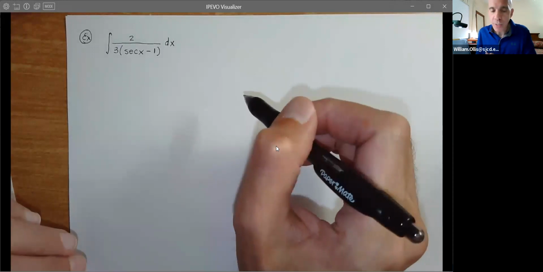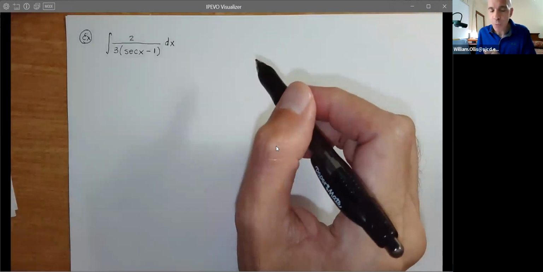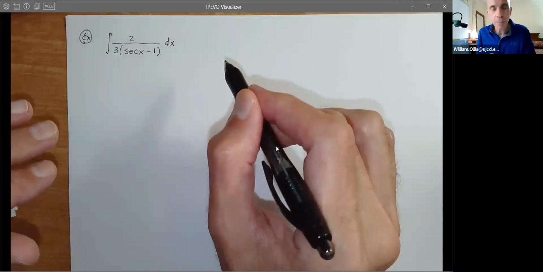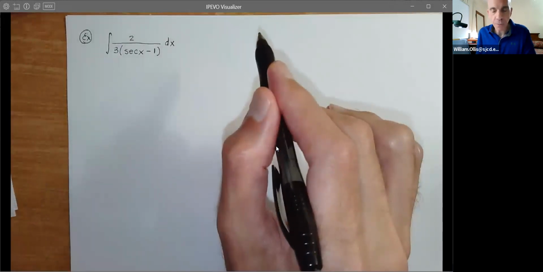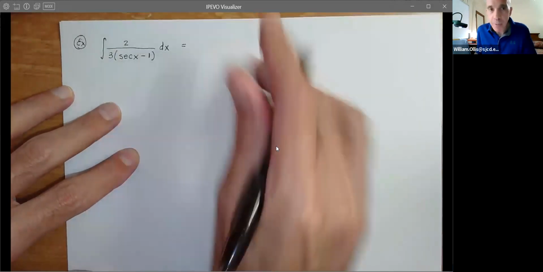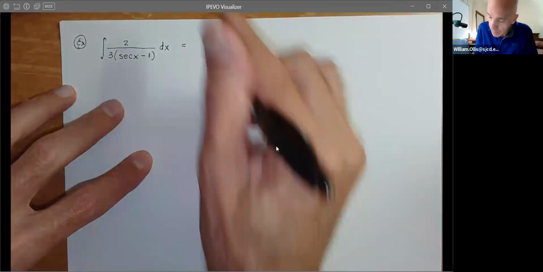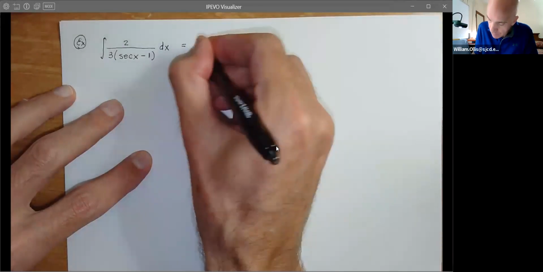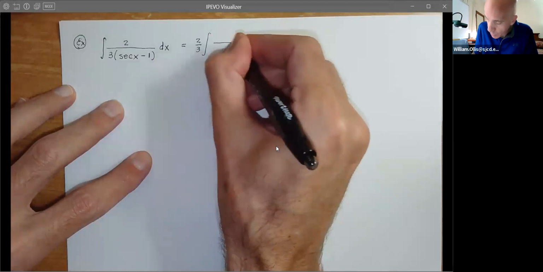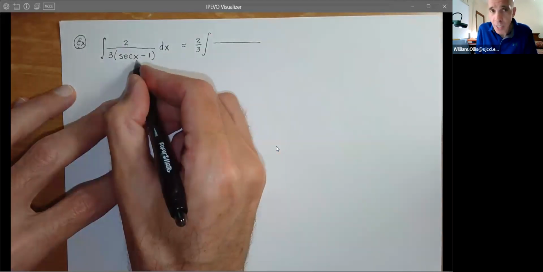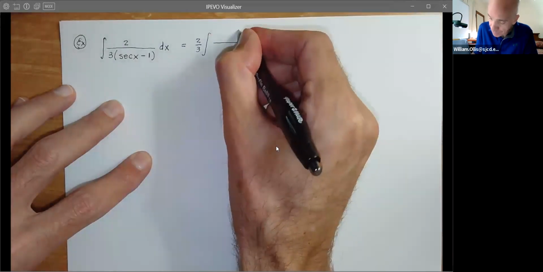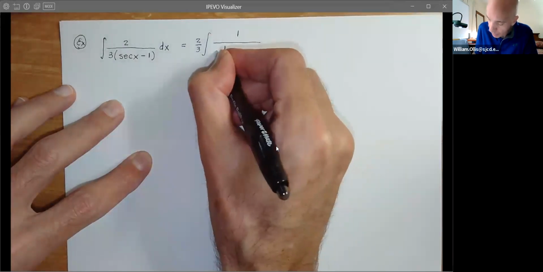Well, for most students, I find that it's probably a little easier to work with the sines and the cosines, but that is completely up to you. So what I'm going to do first is factor the 2/3. And then what you can do, you could do the conjugate with the secant x plus 1, or you could do this, just to rewrite it.